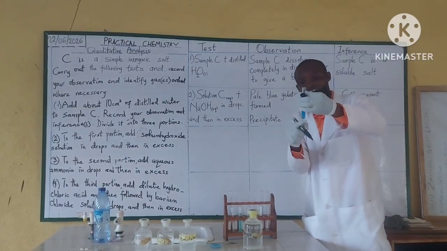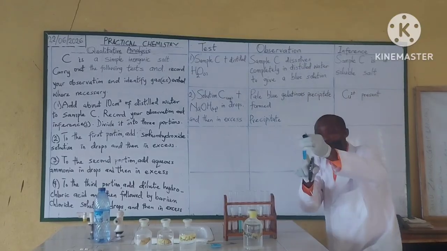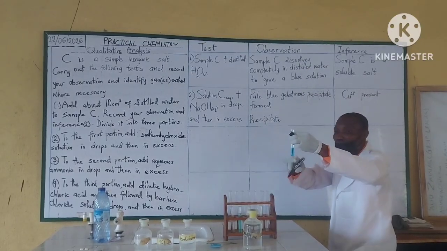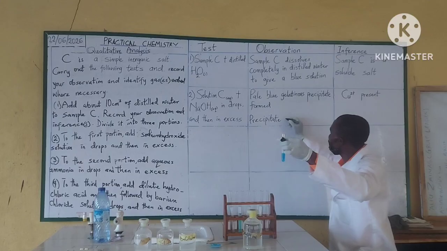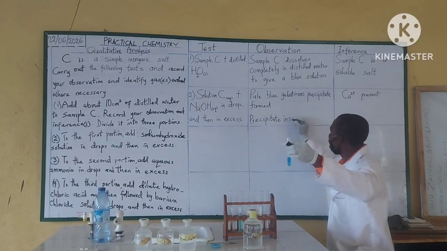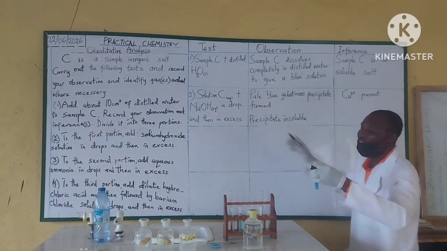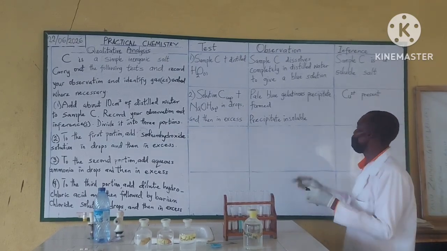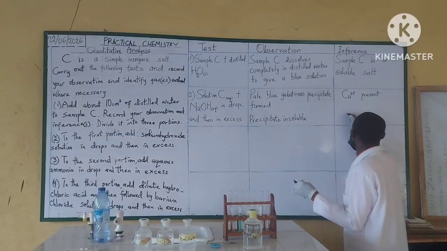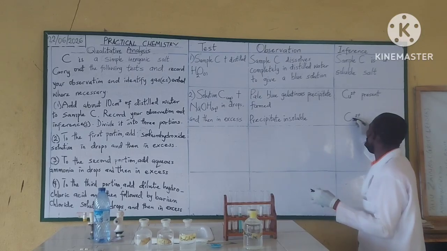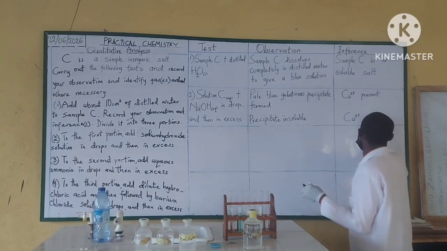It does not give a clear solution. We say precipitate insoluble in excess of sodium hydroxide. Say Cu2+, don't forget capital letter C, small letter u. Cu2+ present as usual.